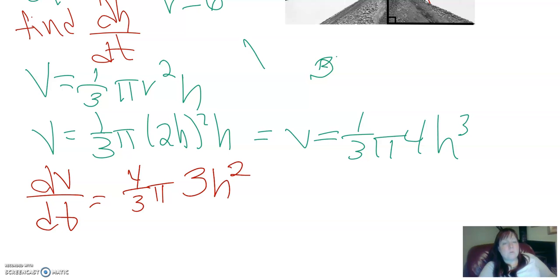But remember, we're differentiating with respect to time. Time is our independent variable, and h is a function of time. So it's a function inside of a function. We just took the derivative of the outside function, but we need to tack on that dh/dt to account for the derivative of the inside function.